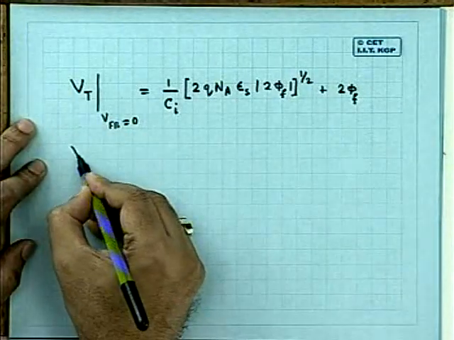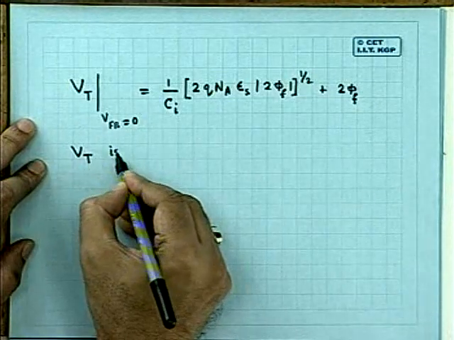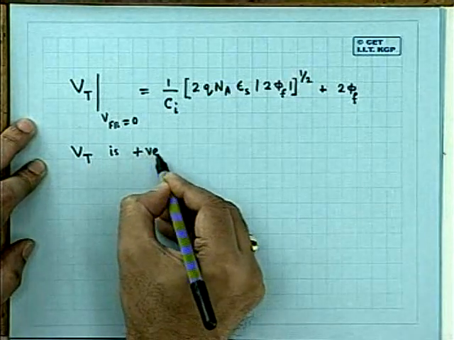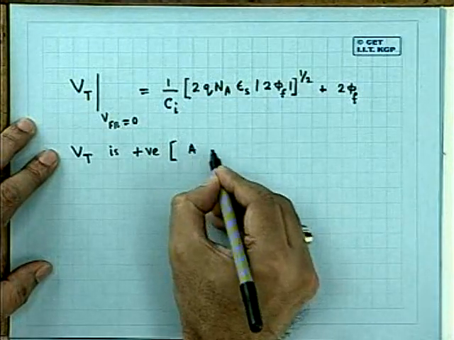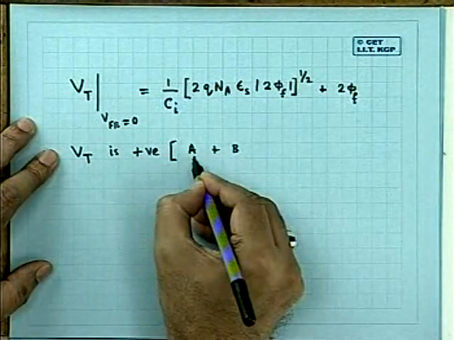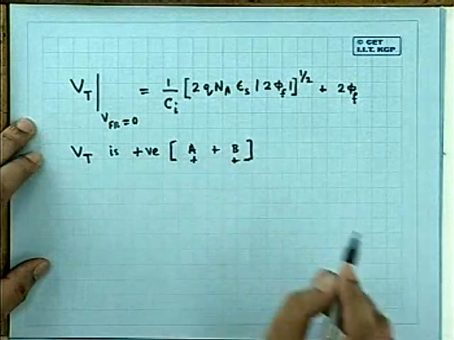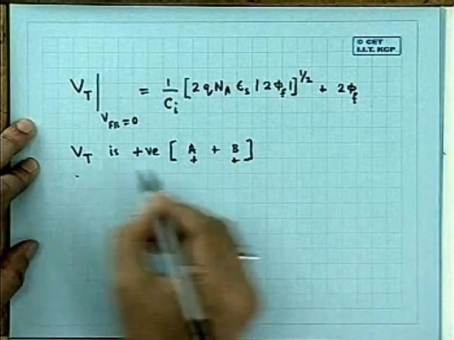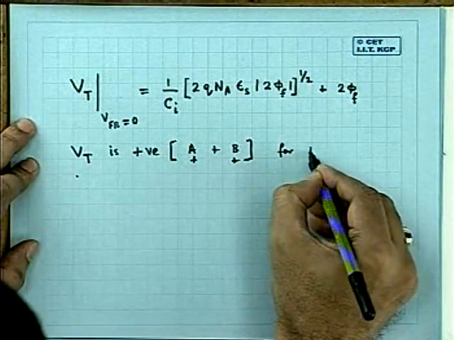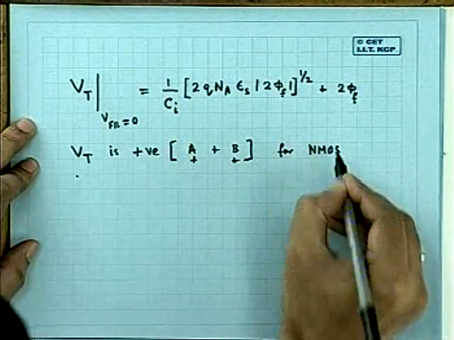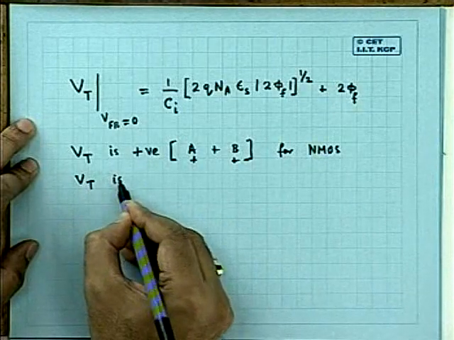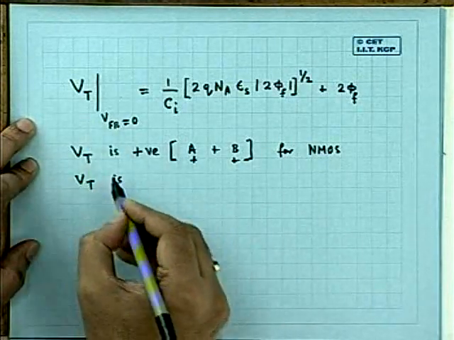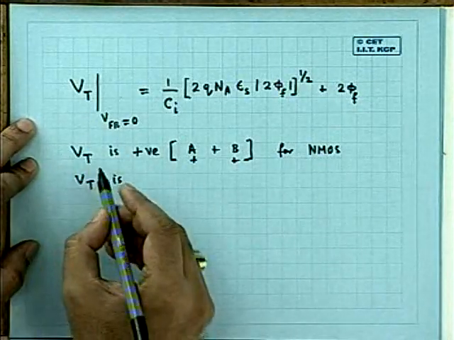Please note for NMOS, Vt is positive and the terms A plus B are both positive. And for PMOS, Vt is negative. Vt means under flat band condition. Please remember, this is for flat band condition.